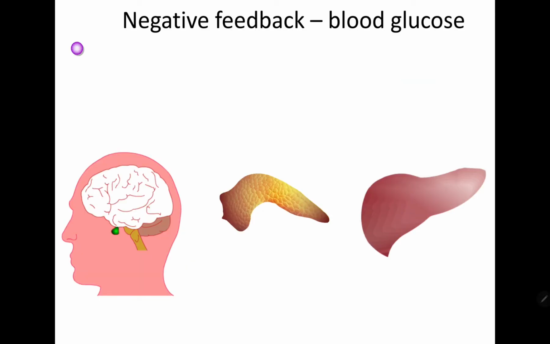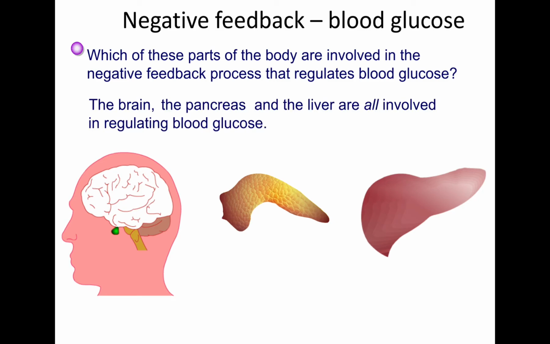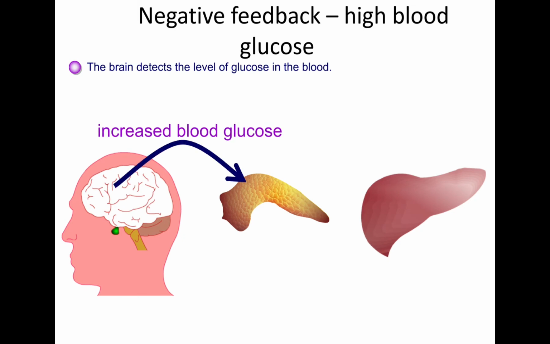To recap what negative feedback is, it involves all three images here: our brain in this case, the pancreas and the liver. All of these are involved in regulating blood glucose, and there are messages sent between all three. So the brain first of all detects the level of glucose in our blood.